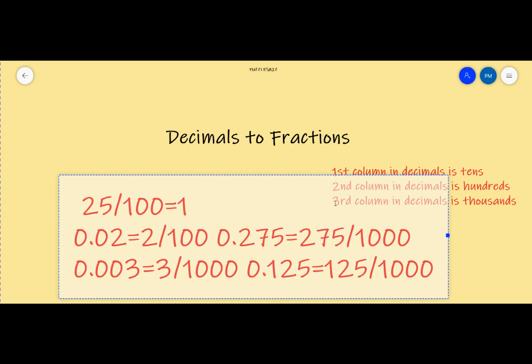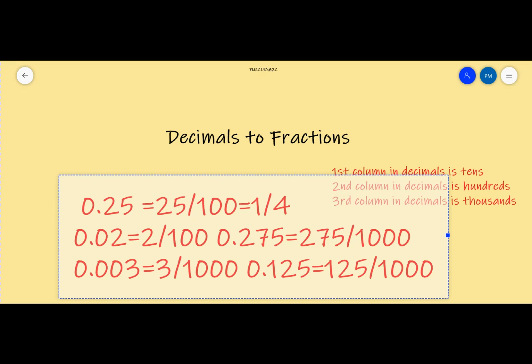So it's 1 divided by 4. So the common thing is 0.25. 0.25 equals 25 divided by 100 equals a quarter. Not too difficult to work out.